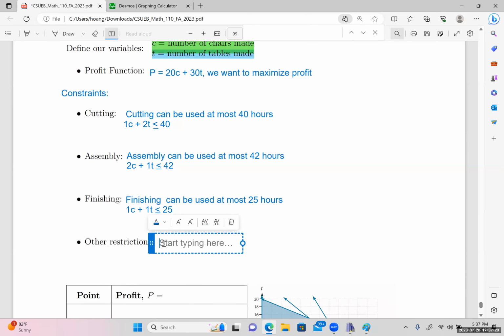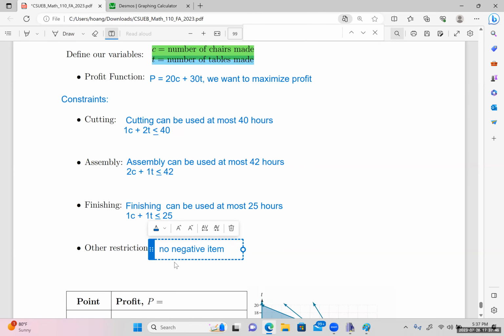I would say no negative items. Right? So the number of chairs and number of items must be greater than or equal to 0. It would be non-negative, right?